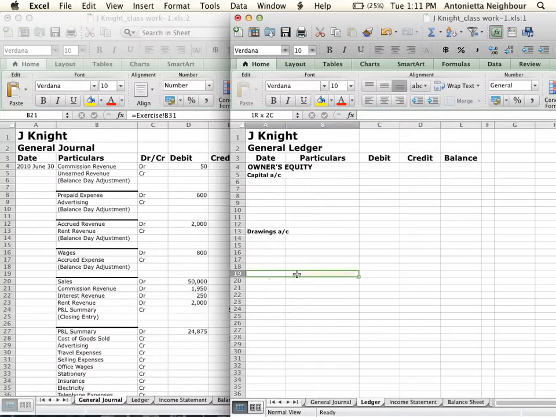And then the P&L summary account. You just have to fast forward through that section.